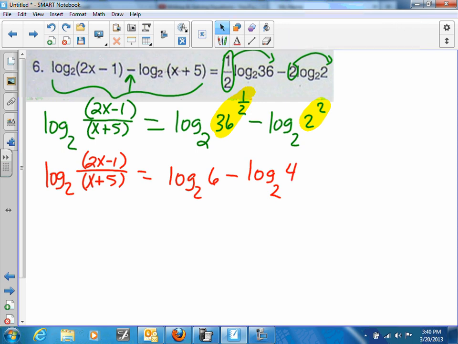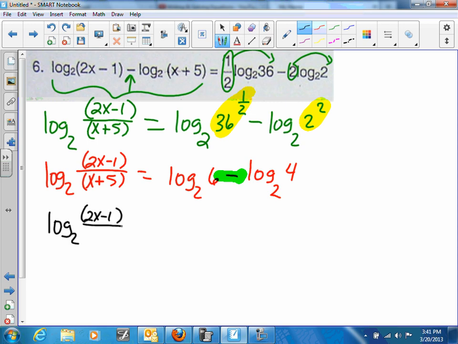Now, because you have a minus here, this becomes a subtraction, okay? So again, I'm going to leave this side over here, log base 2 of 2x minus 1 over x plus 5 equals, this becomes log base 2 of 6 divided by 4.